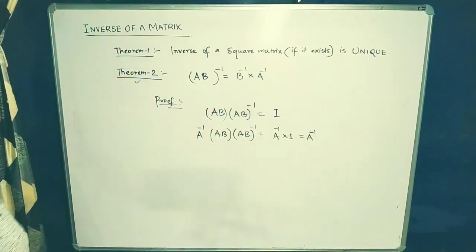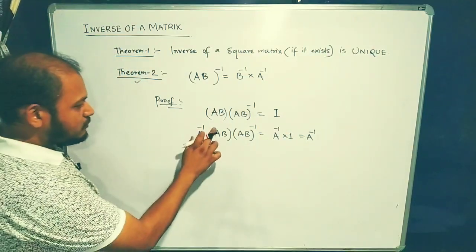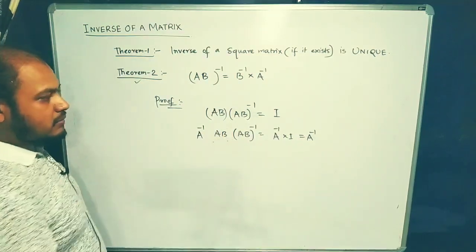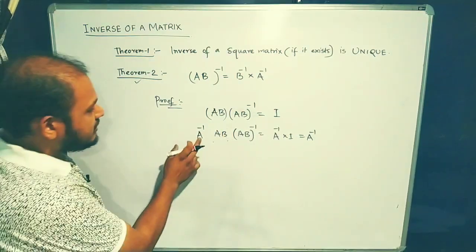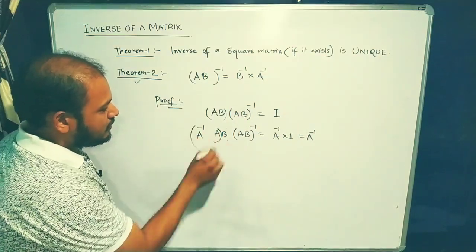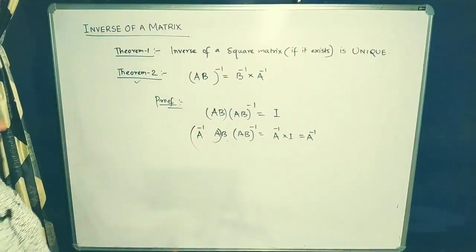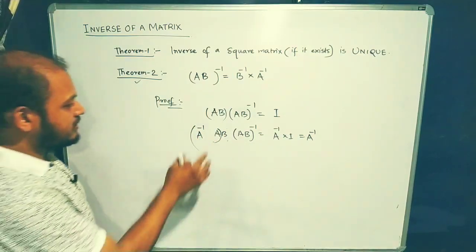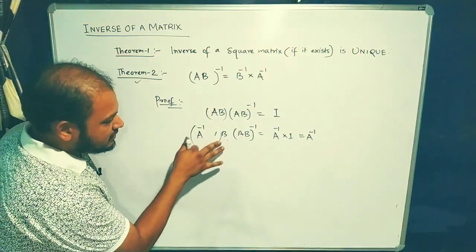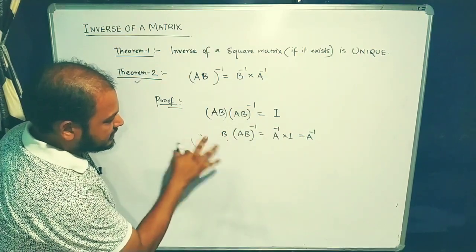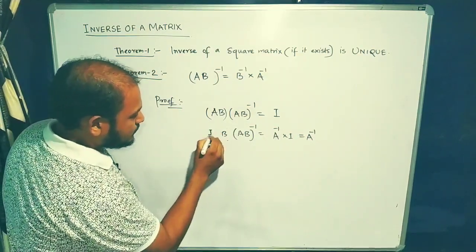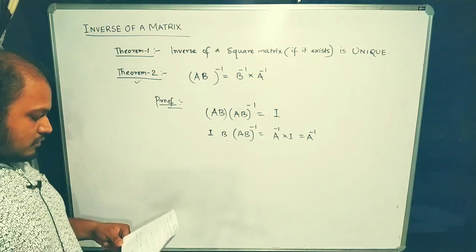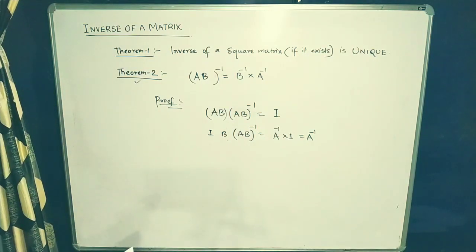Now removing the bracket, we have A inverse into A, and any matrix multiplied by its inverse is the identity matrix, so this A inverse into A is equal to I. So this will become the identity matrix.